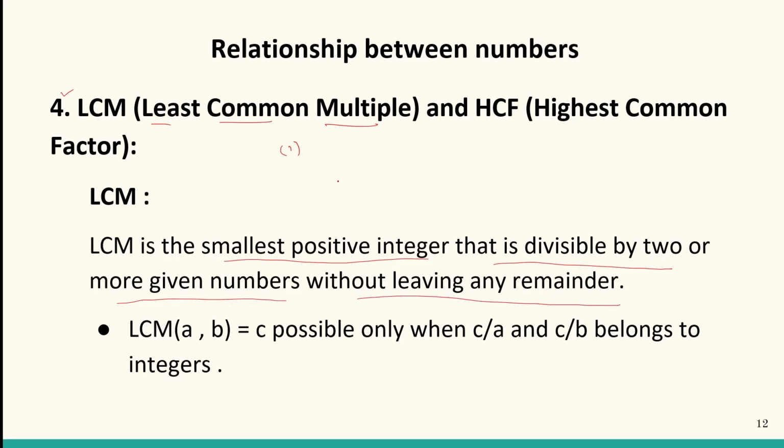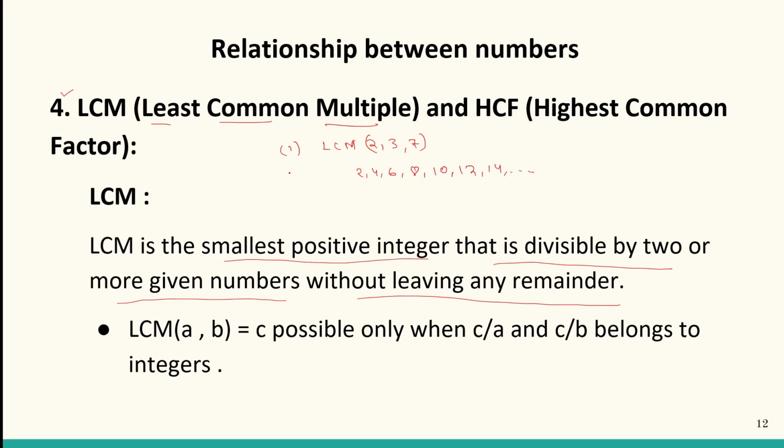Okay, so what we need to do first is find the multiple series. So let's see, I need to find LCM of 2, 3, and 7. First you need to find the series of multiples of 2, 3, and 7 individually. So for 2 it is 2, 4, 6, 8, 10, 12, 14, and so on.